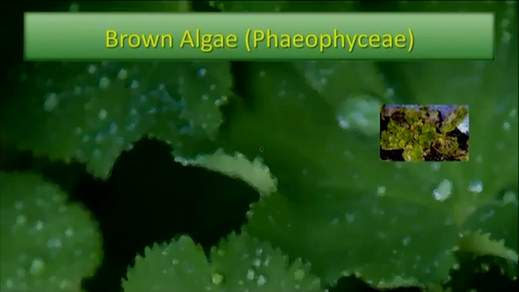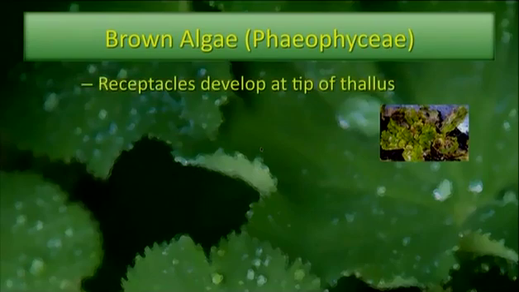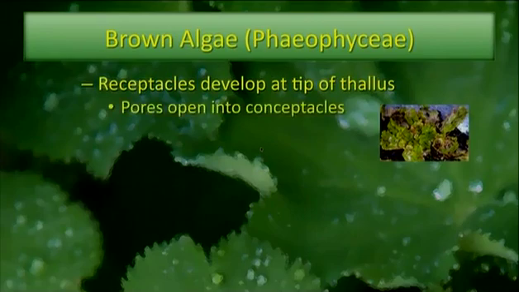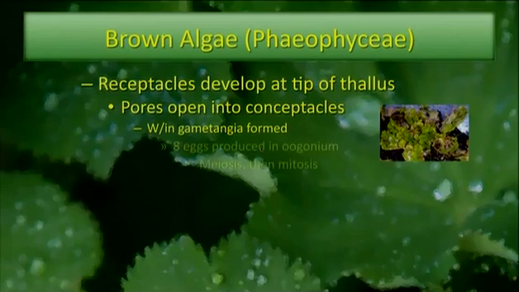So here's a little bit of their life history for Fucus. The receptacles develop at the tip of the thallus, and pores open into these structures called conceptacles. Within the conceptacles, gametangia are formed. Eight eggs are produced in an oogonium, which undergoes meiosis and mitosis.